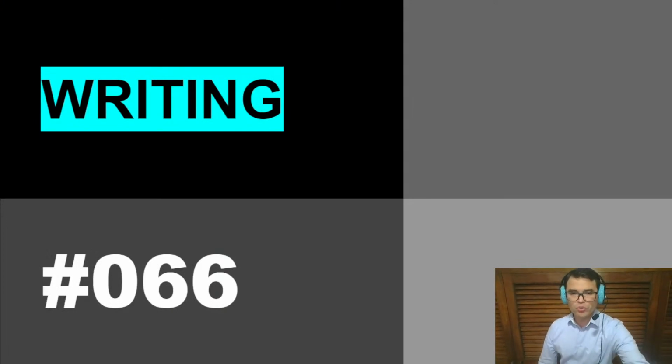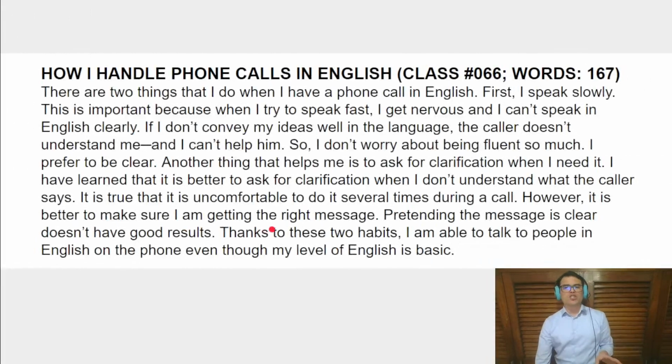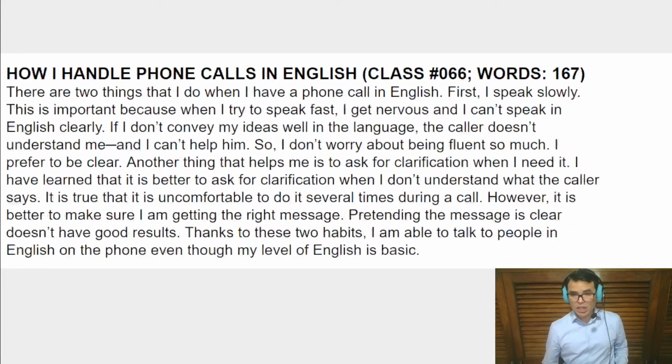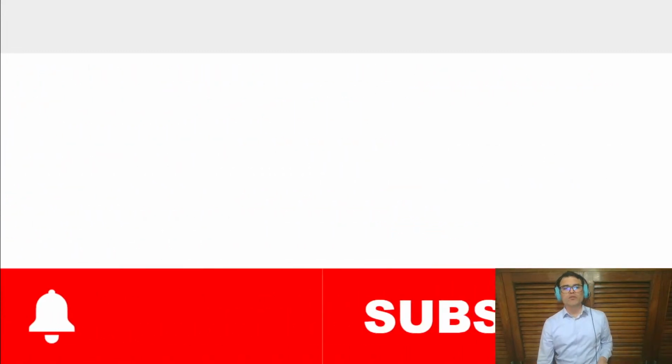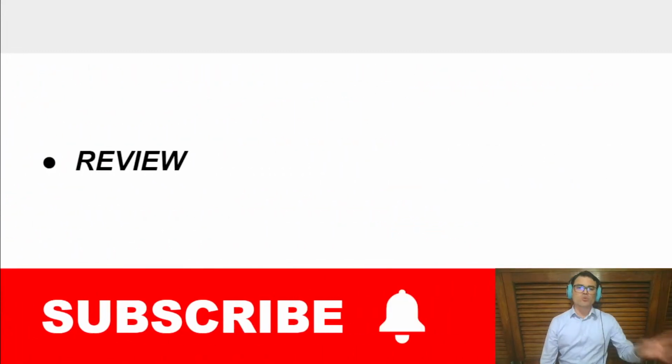Today we are going to write a paragraph, and this paragraph is titled How I Handle Phone Calls in English. This is class number 66. How many words? 167. What is the paragraph about? It's about phone calls, and it has a review of many of the things that we have seen.